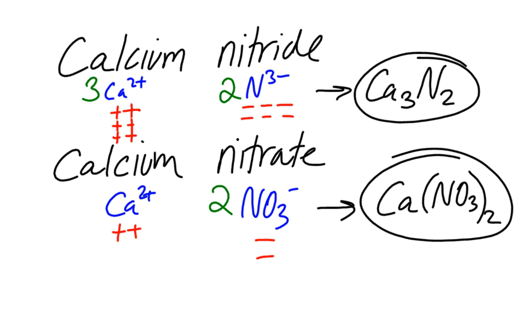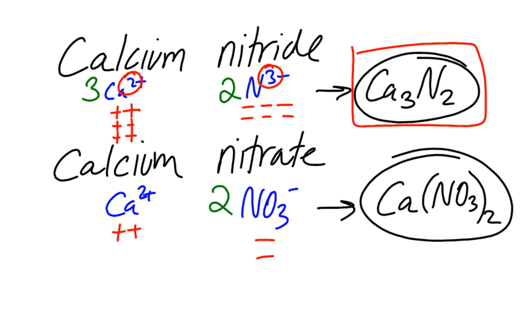Of course, the other way you can do it would be to take that number and make it the subscript for calcium and make this the subscript for nitride. In either case, this is your answer. And then calcium nitrate, calcium has a 2+ charge, nitrate is a polyatomic with a -1 charge. I have more than one of them to make everything balance out, so I need my parentheses around the nitrate with a subscript of 2.